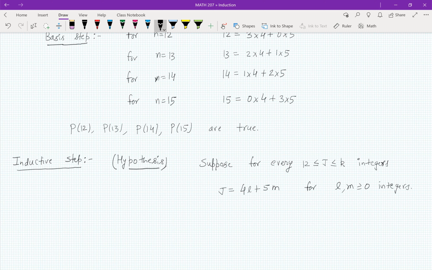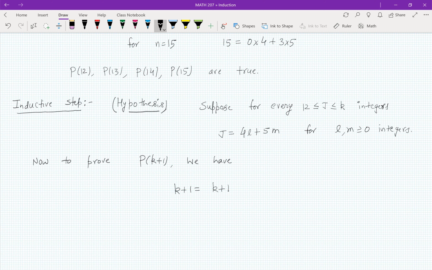In the inductive step of my strong induction hypothesis, I'm going to assume that for every j greater than or equal to 12 and less than or equal to k, j can be written as 4 times L plus 5 times M, where L and M are non-negative integers.